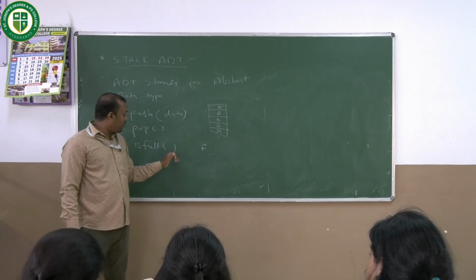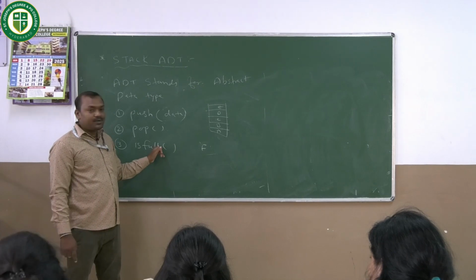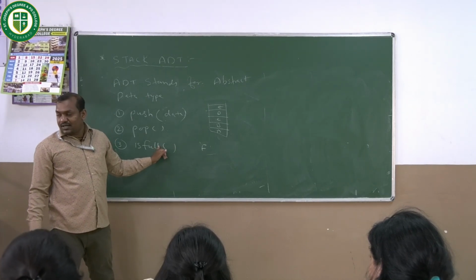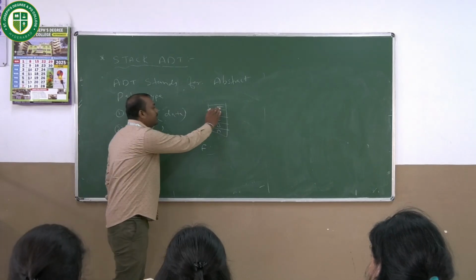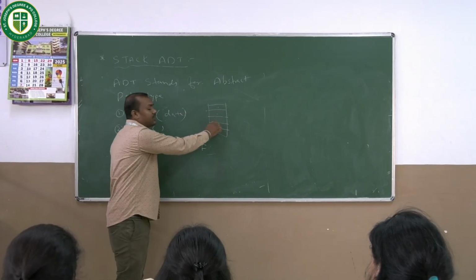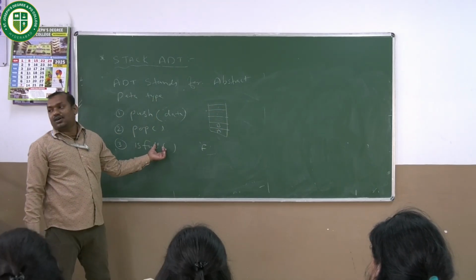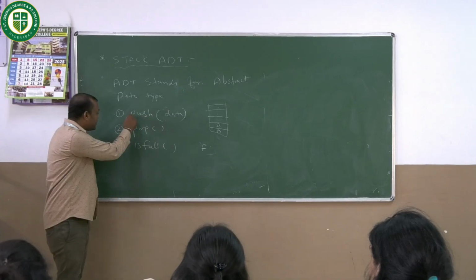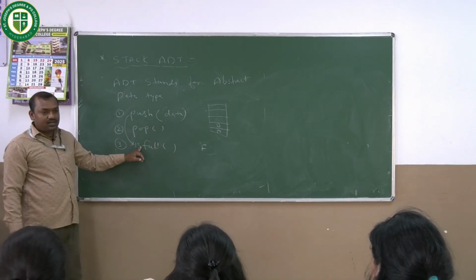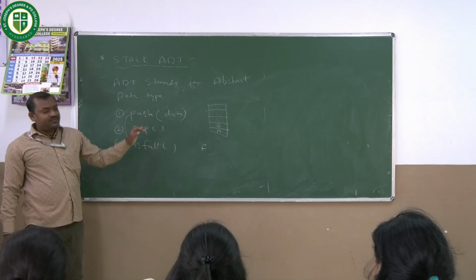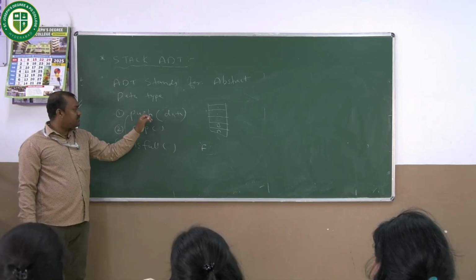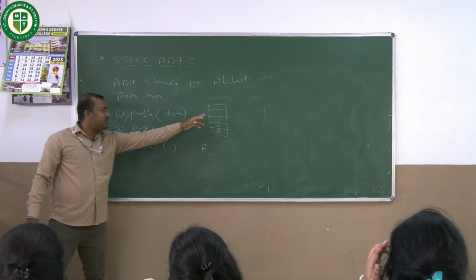If it is full, this function returns true, so that we cannot insert the data. If some space is available, this function returns false. Then we can insert data to the stack.